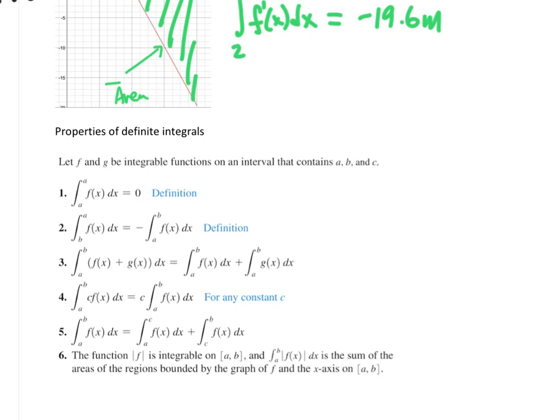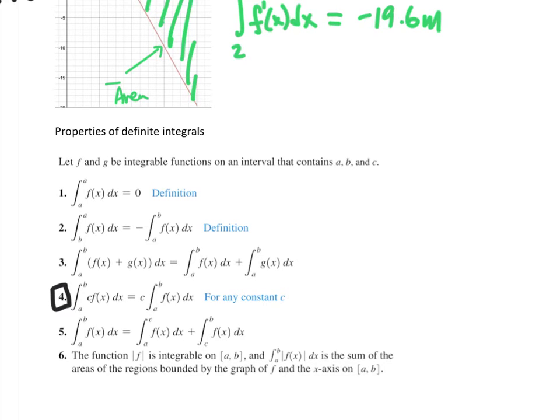If we switch the bounds of our integral, then the entire area becomes negative. If I add or subtract integrals of different functions, we can take each of those separately and add them together.